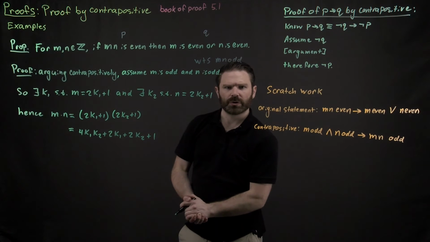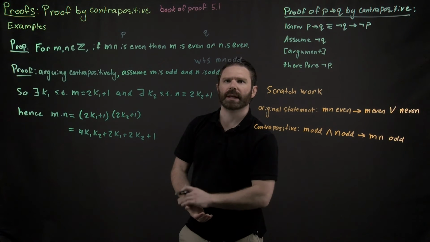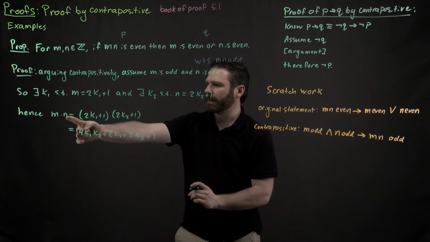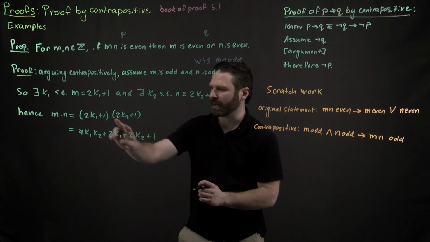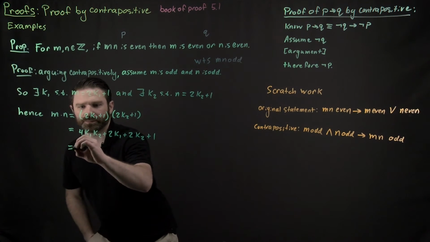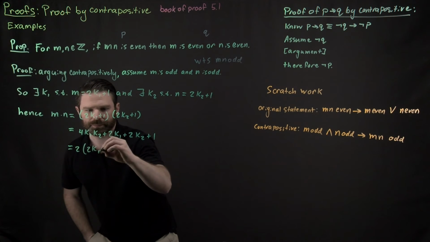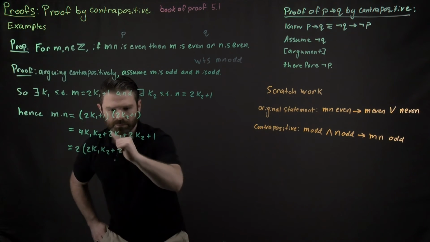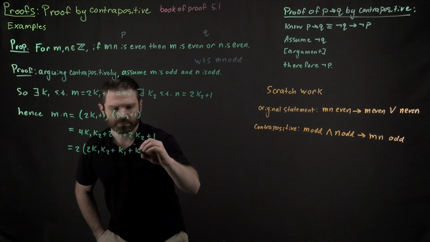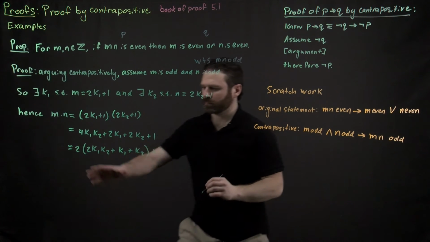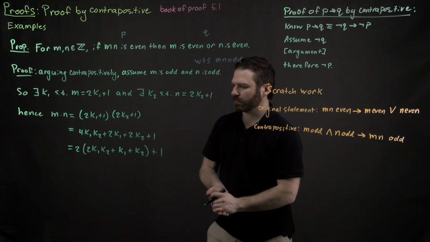Well, don't lose track of what we're trying to show. We're trying to show that m times n is odd. We are almost there, because all I need to do is factor out a 2. Just like that.